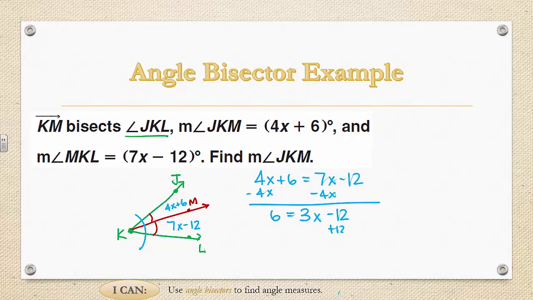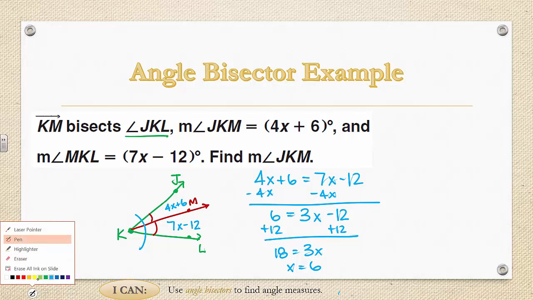Get all my numbers on one side now. So I have 18 equals 3x. So that means x has to be 6. Not done yet. All that tells us is the missing value for x. We got to plug it back in here to find out what those angle measures are.